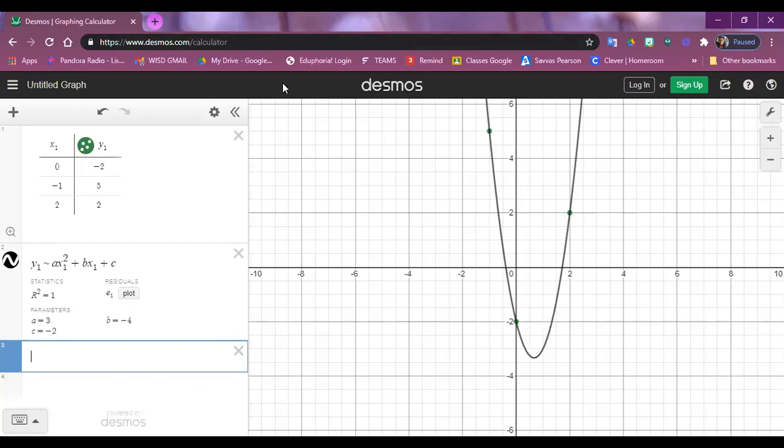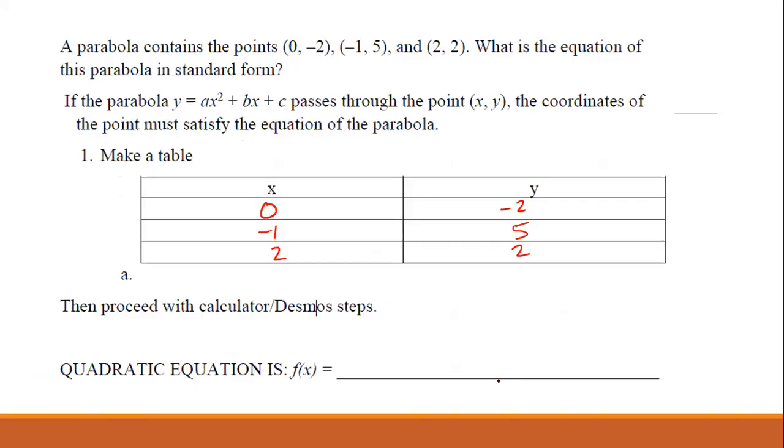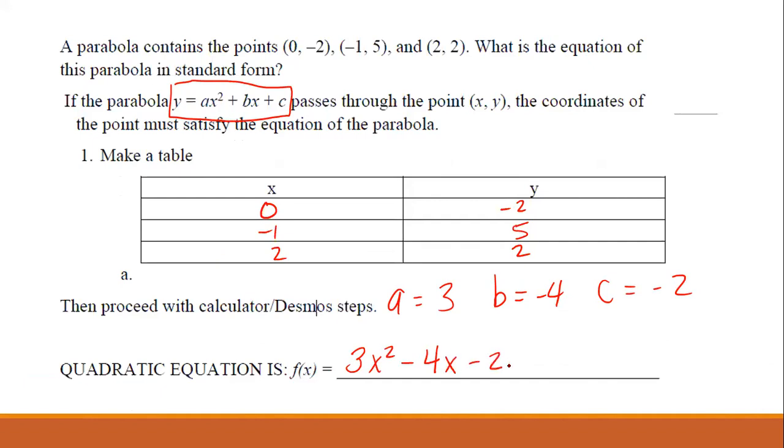So for my calculator steps on Desmos, we ended up with a equals 3, b equals -4, and c equals -2. We're writing it in y equals ax squared plus bx plus c form. So that gives me 3x squared minus 4x minus 2.